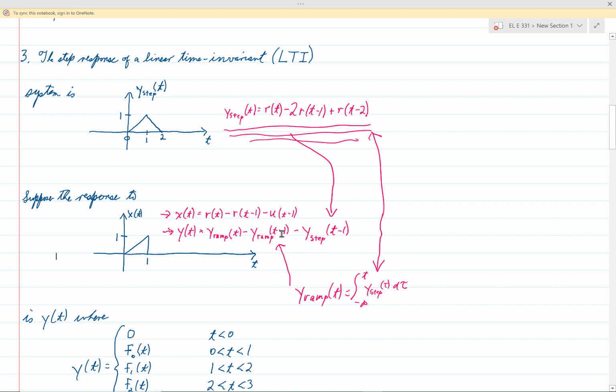But what about y ramp of t? Well, that's where we will use what we learned in lecture 8, which is that y ramp of t is equal to the integral from negative infinity to t of y step of tau d tau. So we're going to have to take this y step, which is already sort of complicated, and then integrate it to get y ramp of t.